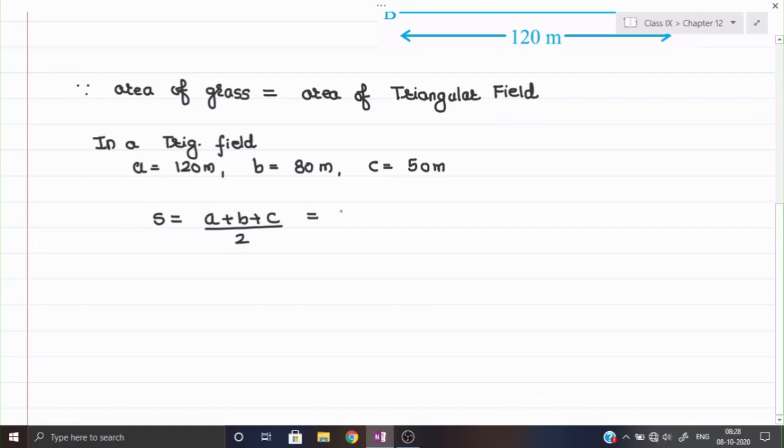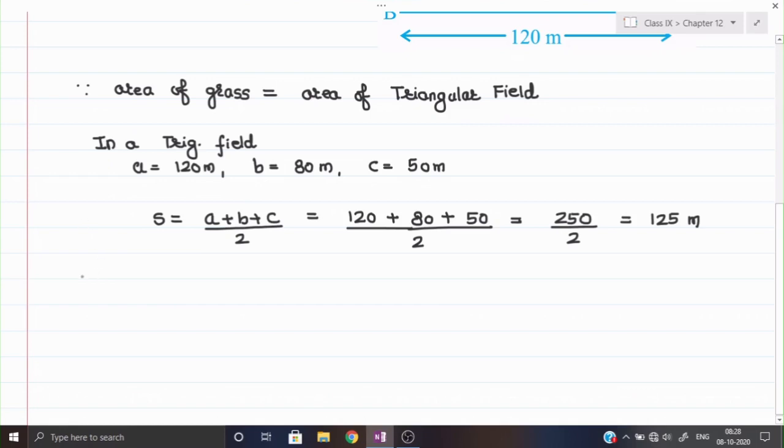So this will be 120 plus 80 plus 50 upon 2, which is equal to 250 upon 2, which will be equal to 125 meter. Okay, now we shall find out the area.